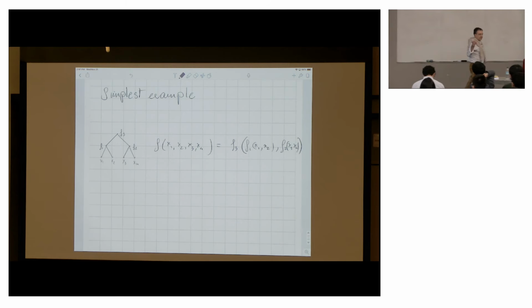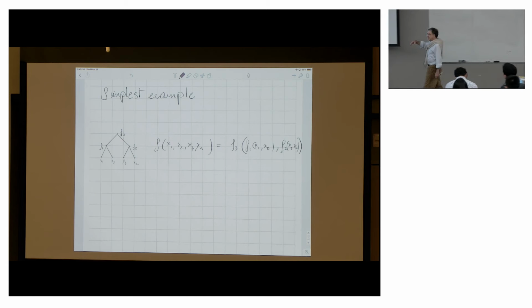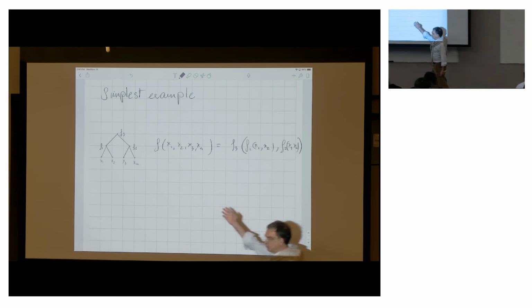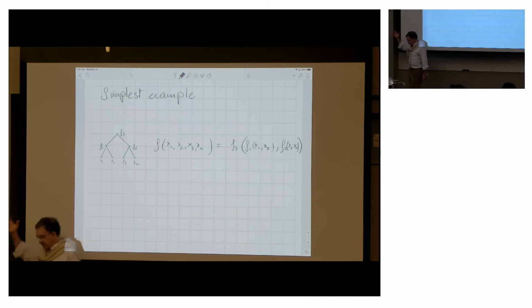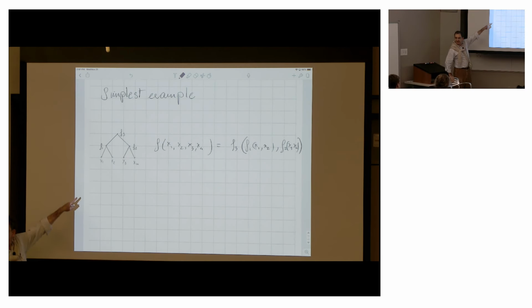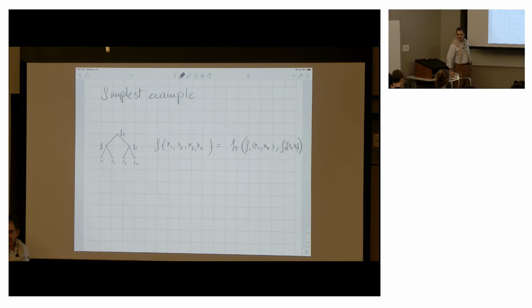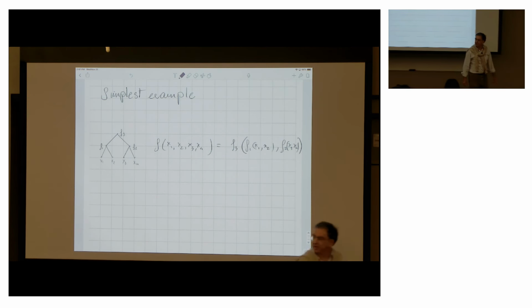And you can see that instead of having 4 inputs, I can have any power of 2, say 512, and build a binary tree like this, which will have log 512 layers. And it would be a function of many functions, but all the constituent functions would be functions of 2 variables.